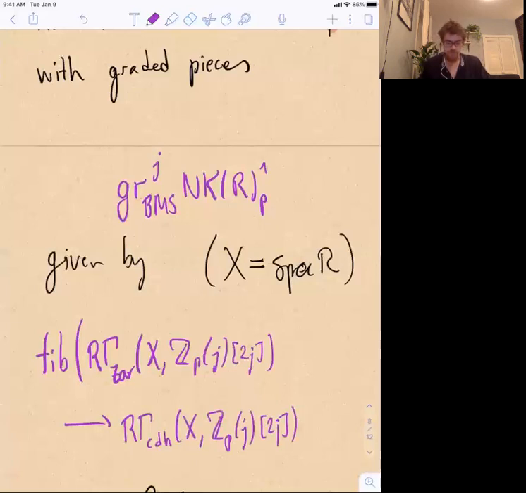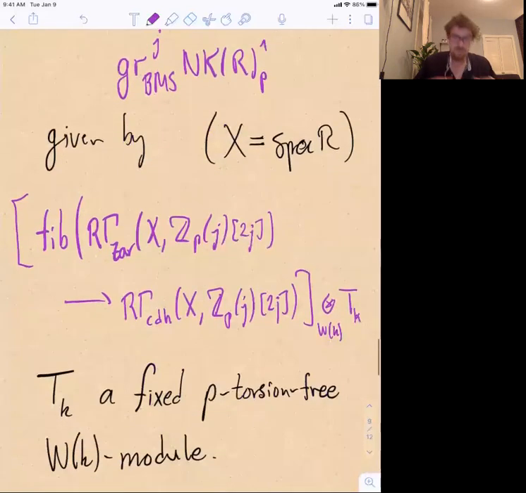That whole thing, we tensor it with a specific module, a W(K)-module T(K), where T(K) is a fixed p-torsion-free W(K)-module.